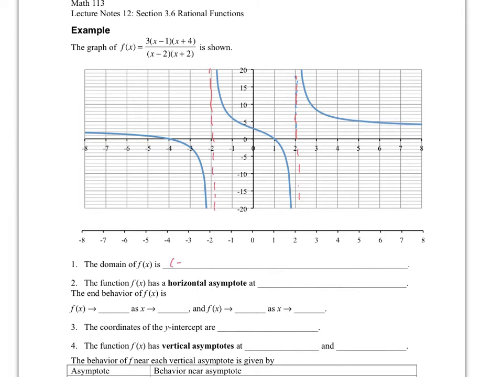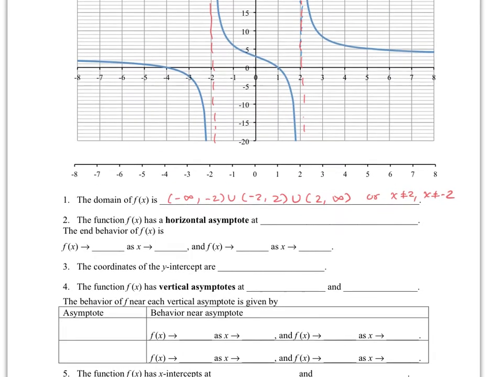Therefore the domain will be from -infinity to -2, or -2 to 2, or 2 to infinity, or you can just say x cannot be 2 and x cannot be -2.